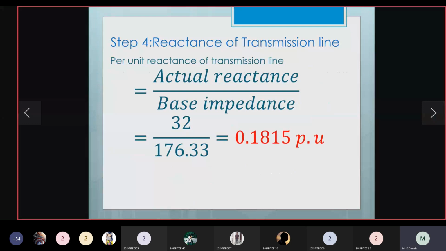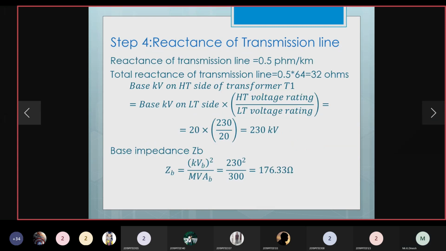Now we calculate our per unit reactance, actual reactance by base impedance. So actual is 32, base ZB is 176.33. So 0.1815 per unit. Okay. So for the transmission line, you can't use the earlier formula.